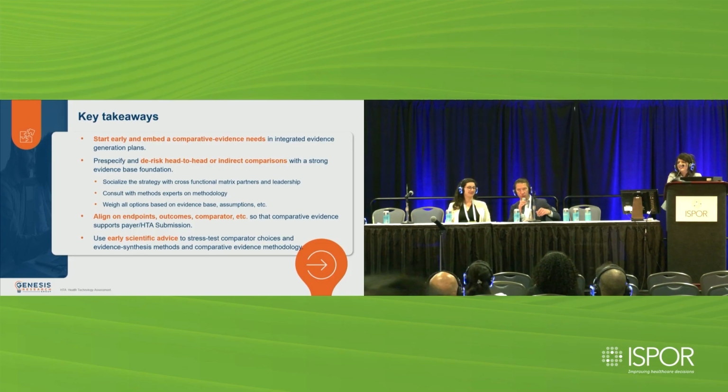I'm happy to at least get one question that I think might be on people's minds answered, which is when you're faced with a decision between, let's say, an unanchored MAIC or conducting an ECA, which one might you choose?